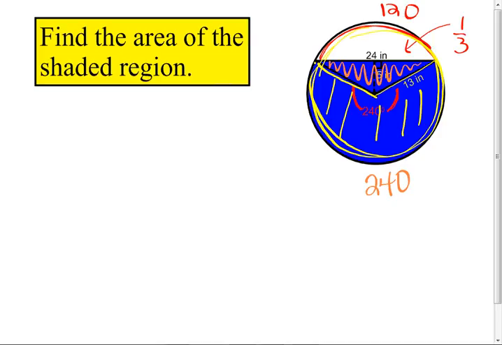So I'm going to do it both ways. I like the adding way better. So I'm going to find the sector, the big blue sector, which is 240 over 360. We already know it's 2/3, times pi r squared. But I'm not going to subtract the triangle. I'm going to add it right now. So it's 1/2 base times height.